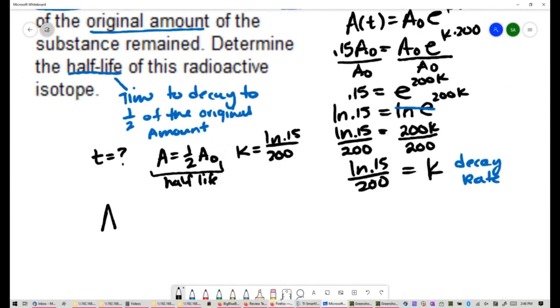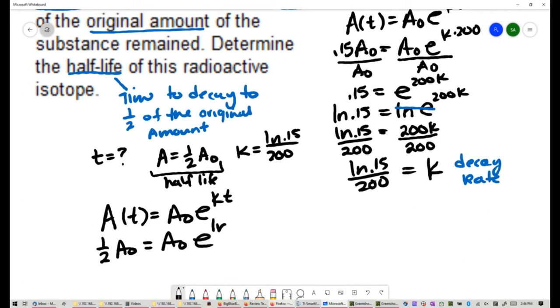We have A of t equals A naught e to the kt, that's our formula. Because we're looking for half-life, our amount will be half of the original amount. And our k, we're going to use the natural log of 0.15 over 200.